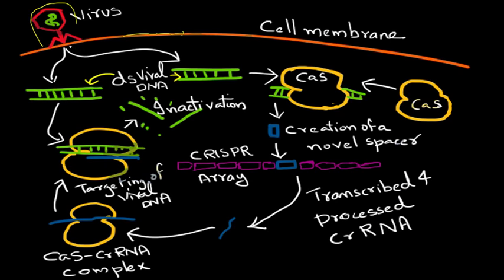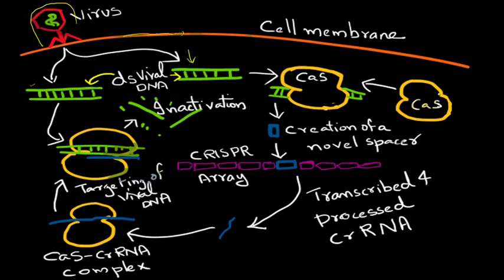Double-stranded viral DNA is injected into the bacteria. Look at this. So the double-stranded DNA of the virus is injected in the bacteria, and we can just let it be there.